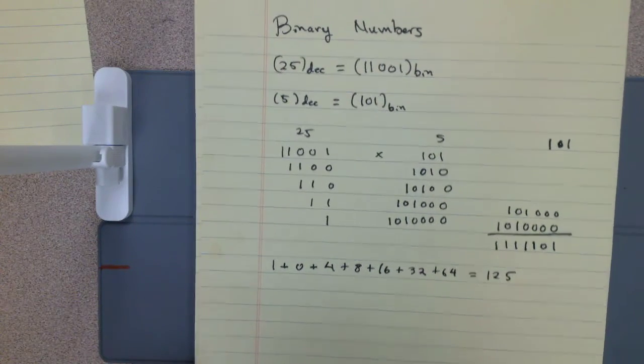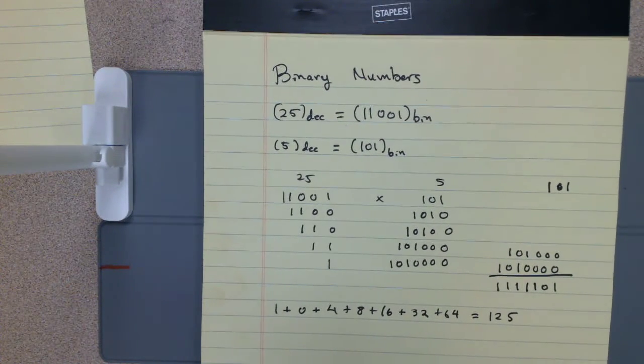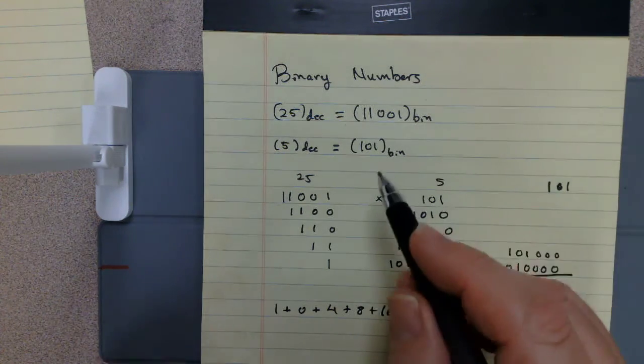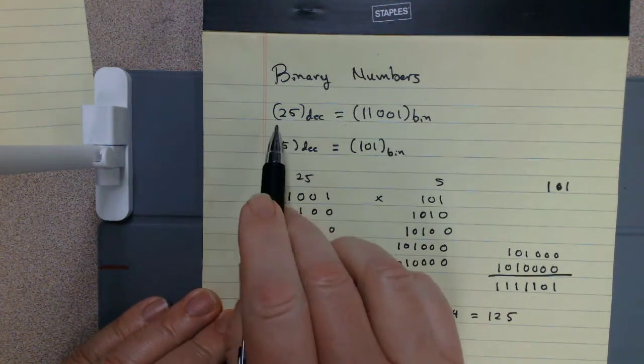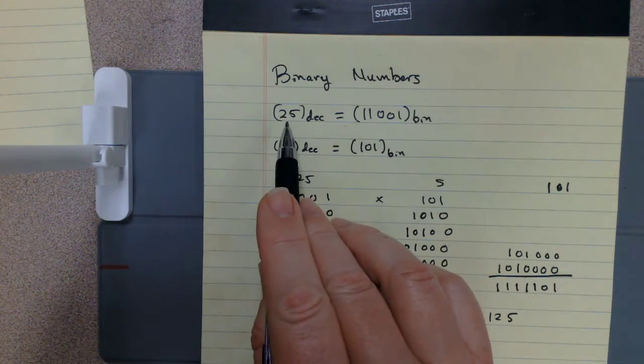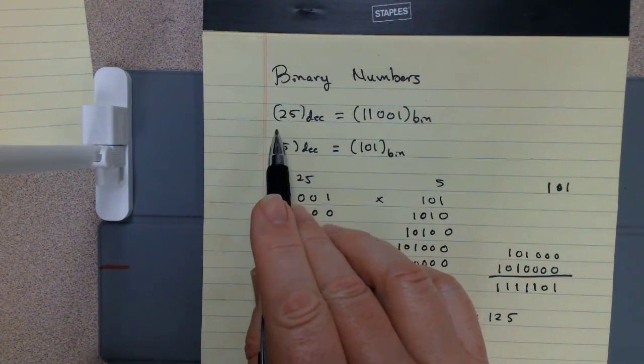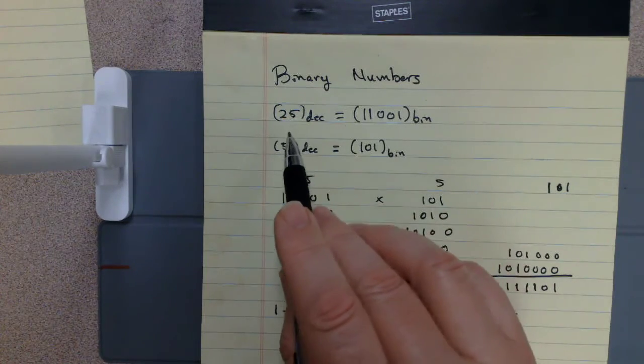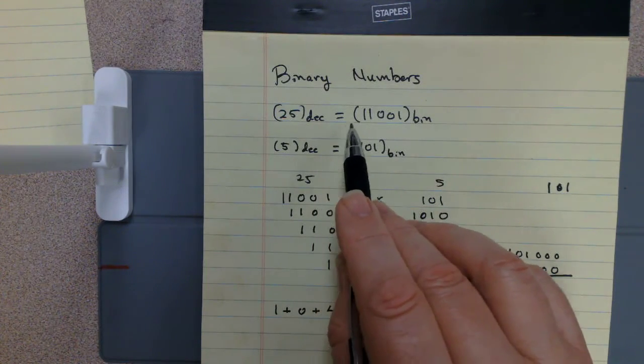Okay, when we start talking about powers of 2, we think about binary numbers. And so what I'm doing in the process of my 25, when I'm cutting it in half, is creating a binary expansion for it.